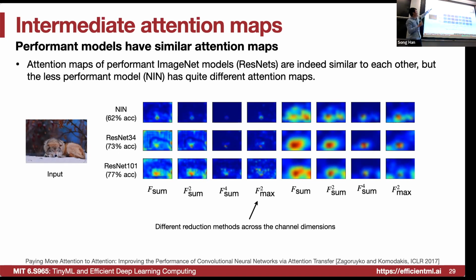So the attention maps of these performant image models are quite similar to each other, but the less performant model has quite different attention maps. And here we are trying to match the attention maps between the teacher model and the student model.